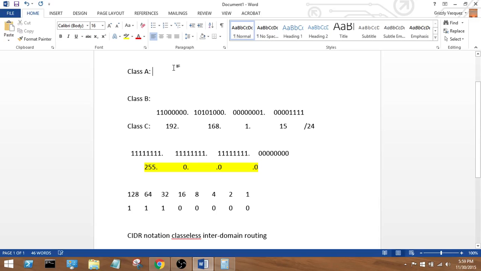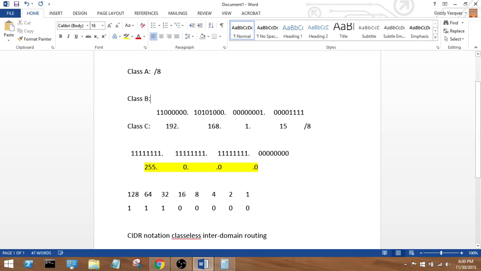Okay, so a class A in CIDR notation is called a /8 network. So you have some kind of an IP address with a /8 at the end, right? So class A is /8. Why? Because a class A net mask looks like this, 255.0.0.0.